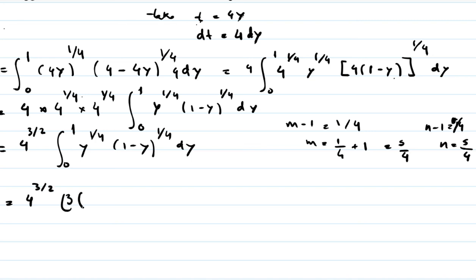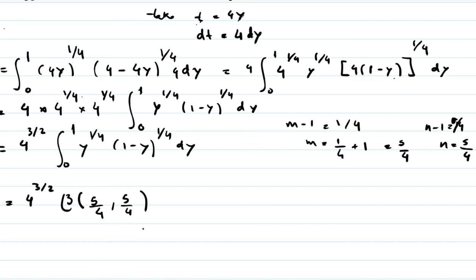beta of, what is our m? M is 5 divided by 4. What is our n? N is 5 divided by 4. And it goes like this. But we know that we have the relationship between the beta and the gamma function to find the actual value of this.